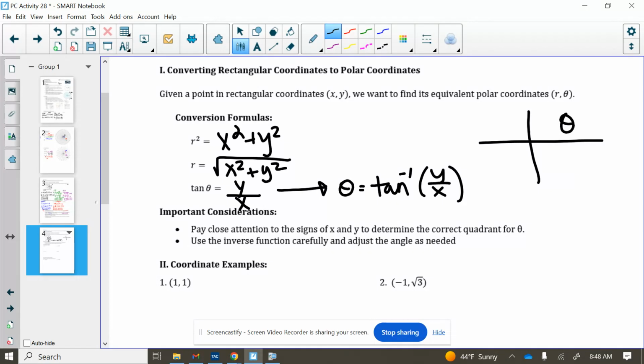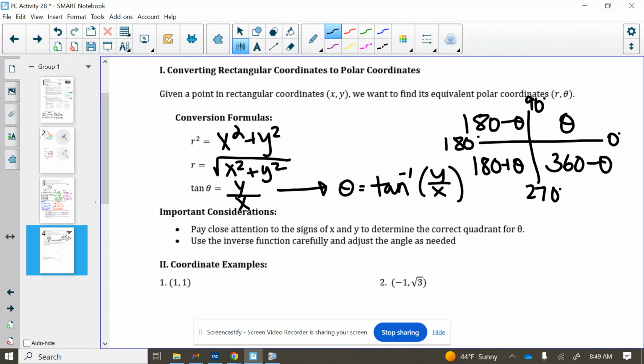So a couple reminders here when we are finding this. We have a theta measure, and sometimes you have to be cognizant of what quadrant we are in, or are we on an axis? We talked a lot about this in our trig unit, but we also want to be aware sometimes our polars might be on the axis, in which case this little formula may or may not work for us. So we have to always think about that as well.